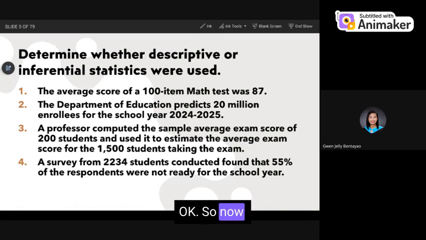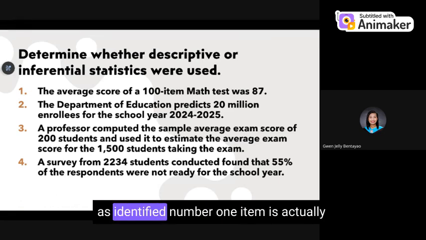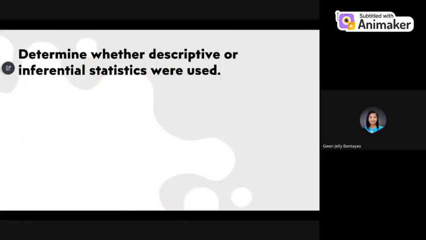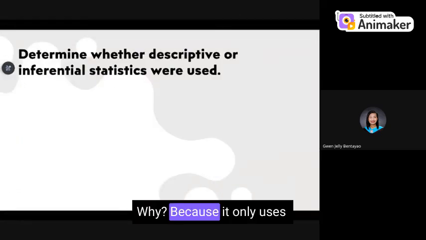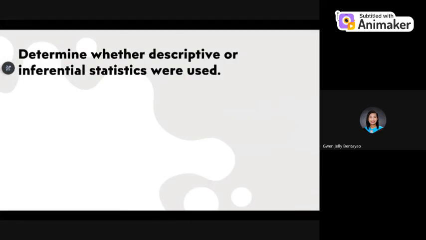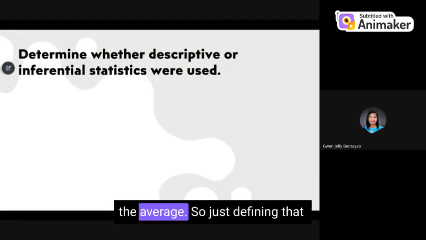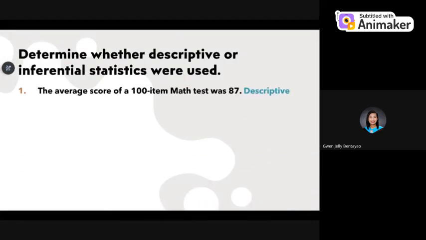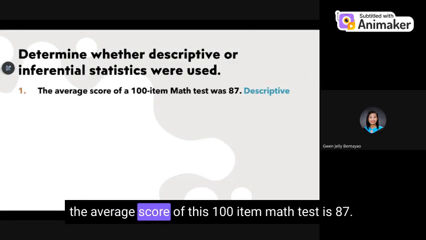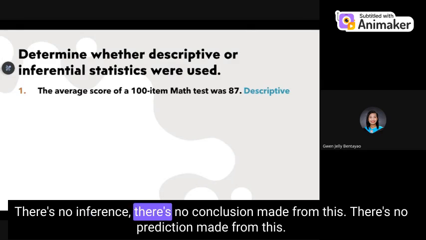Okay, so now let's identify. Number one item is actually descriptive. Why? Because it only uses the average. So it's just defining that the average score of this 100-item math test is 87. There's no inference, there's no conclusion made from this, there's no prediction made from this.